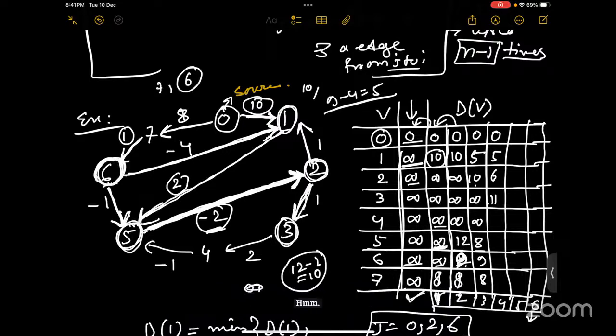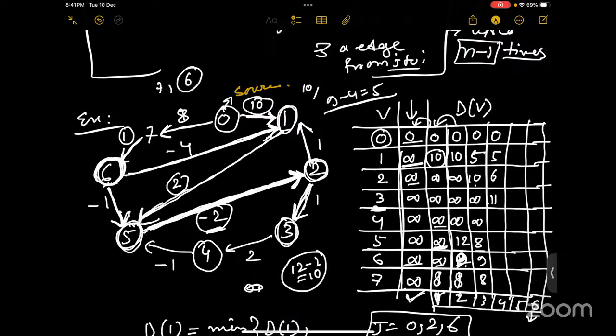Okay. So what will be the distance of 4? We have to consider the incoming edge, which is 3, right? Check with 3. 12. Not 12. What is the weight of 3?